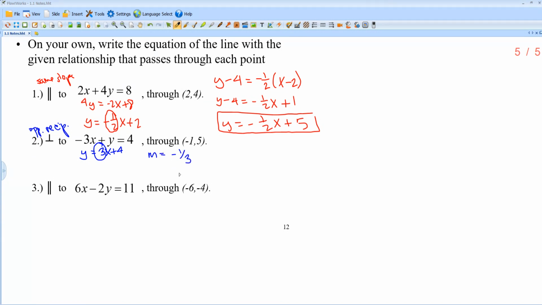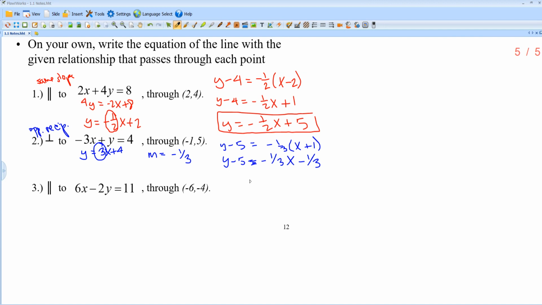So we're going to be using negative 1/3. And then we do y minus 5 equals negative 1/3 times x plus 1. So we'll have y minus 5 equals negative 1/3 x minus 1/3.